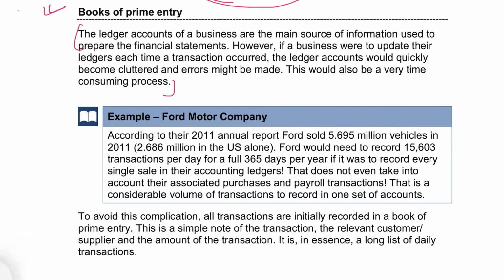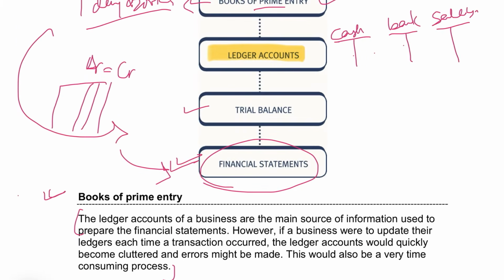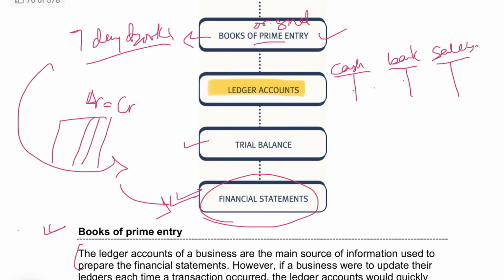So whenever a transaction occurs and the accountant has to update their ledgers, the ledger account would quickly become cluttered and errors might be made, right? And this would also be very time consuming. So that's why there is an accounting system every accountant should follow.